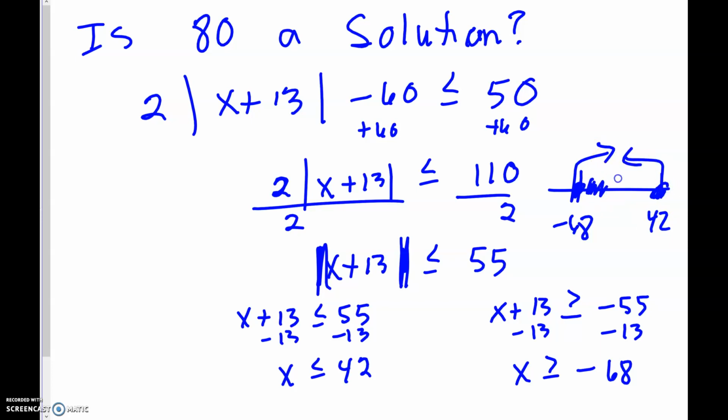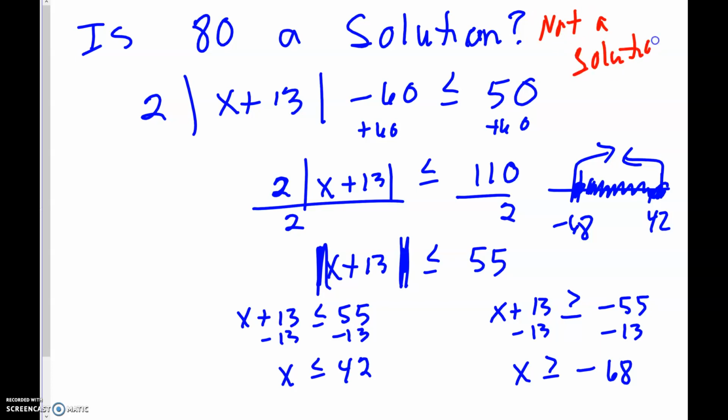So it looks like we're talking about any number between negative 68 and 42 is going to work. So is 80 between negative 68 and positive 42? And the answer is no, so this is not a solution.